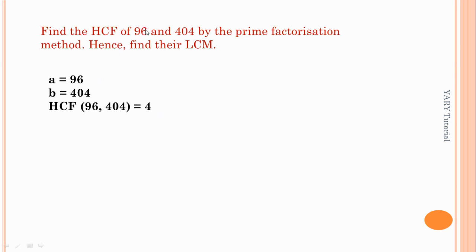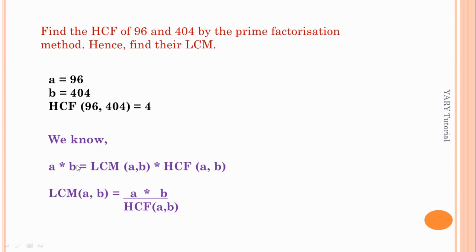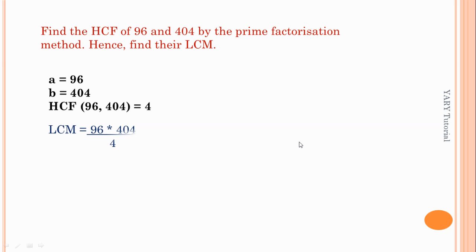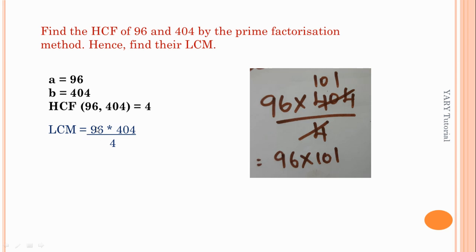Using these three, we have to find the LCM. As we know, A into B is equal to LCM of A comma B into HCF of A comma B. So how do we find LCM of A comma B? LCM of A comma B is equal to A into B divided by HCF of A comma B. So LCM is equal to 96 into 404 upon 4.